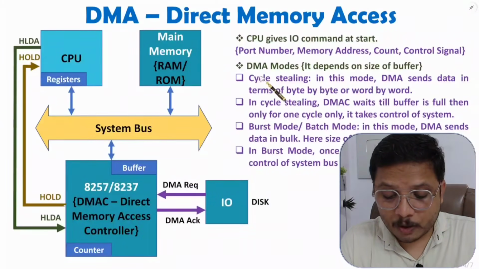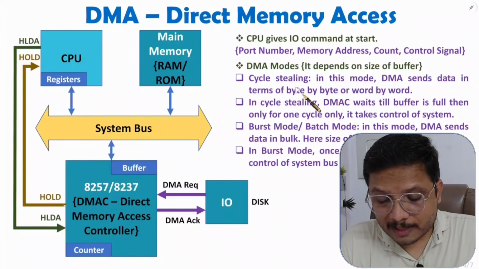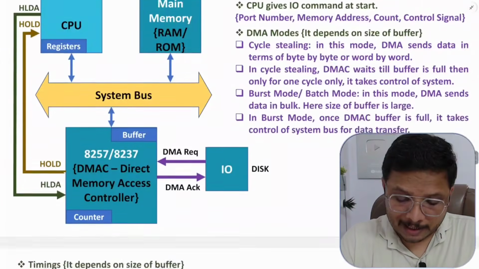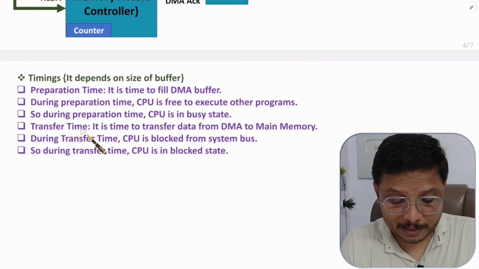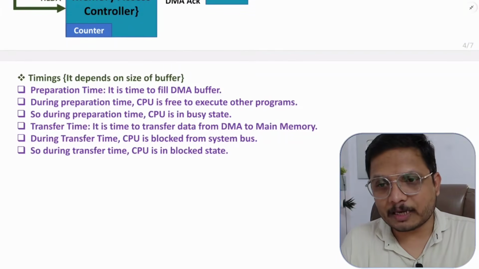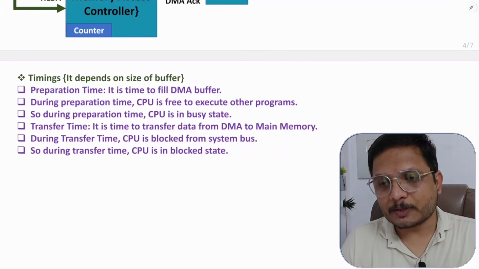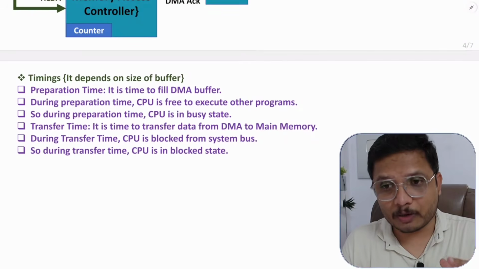After that, I'll explain the DMA modes, like cycle stealing mode and burst mode. And then I'll explain the timings, like preparation time and transfer time. Based on these parameters, you will be able to solve any problem related to DMA. I'll explain each and everything along with examples, so that will give you more clarity.